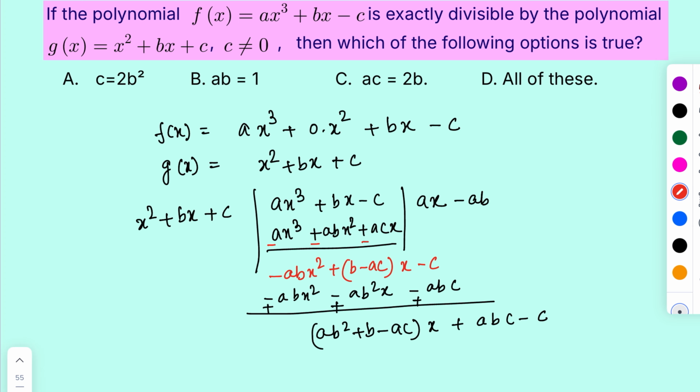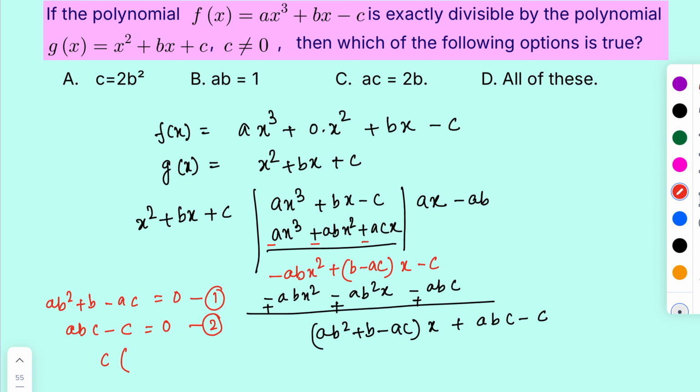Now this remainder should be equal to 0 for complete division. That means we have to put ab square plus b minus ac is equal to 0 and abc minus c is equal to 0. And these two equations we will get.